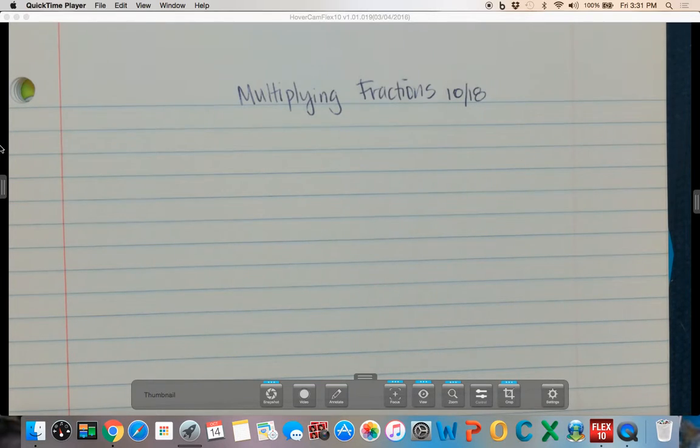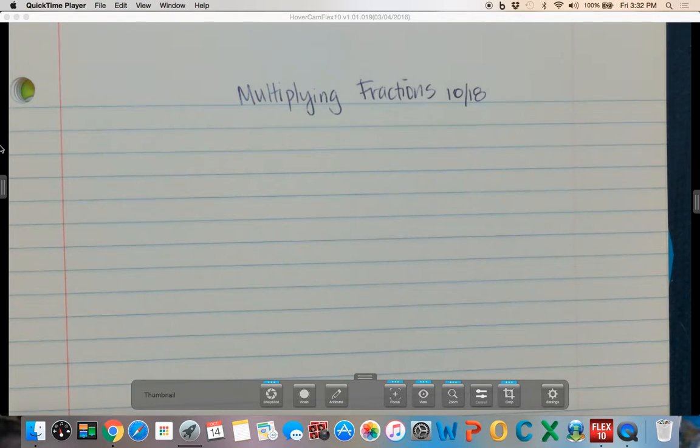Multiplying fractions is not a 6th grade standard. However, you are asked to do it occasionally, and you are expected to know what it is. So I just want to briefly go over multiplying fractions, but more importantly, I would like to go over what multiplying fractions means. Why do we do it?